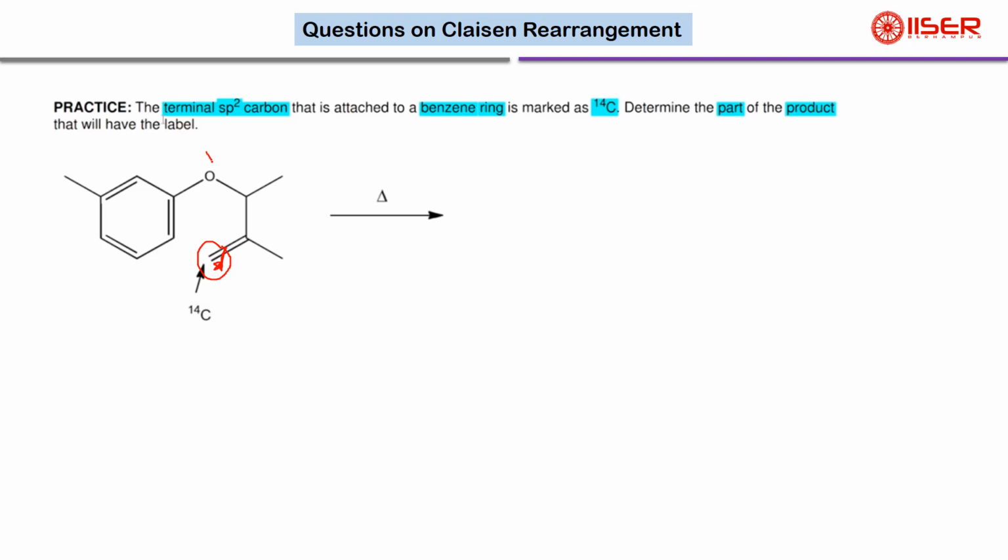So this is the simple Claisen reaction. So the product is this, isotopically labeled.